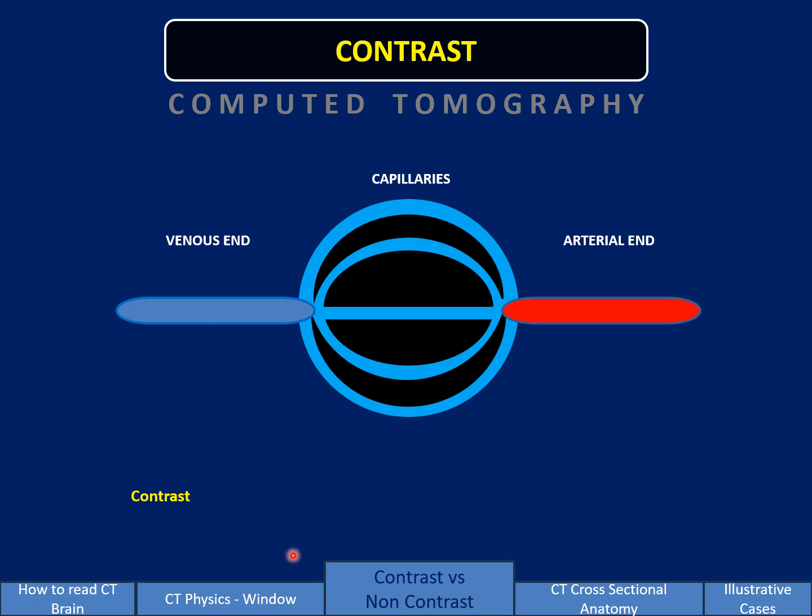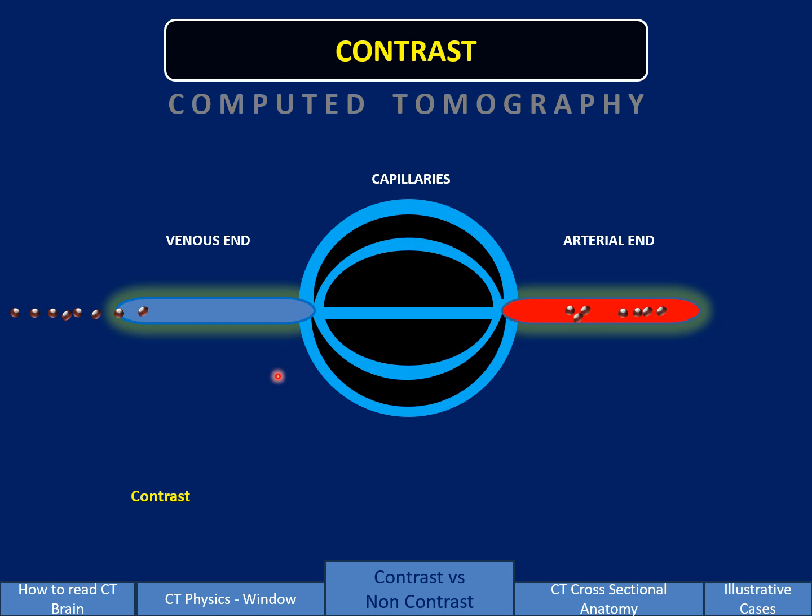When we give a contrast, what happens is these are the contrast molecules from the arterial side. When we administer, it goes into the venous side. Once the blood reaches from the arteries to the vein, the contrast also reaches through it. And the arteries and veins are picked up in a better manner.